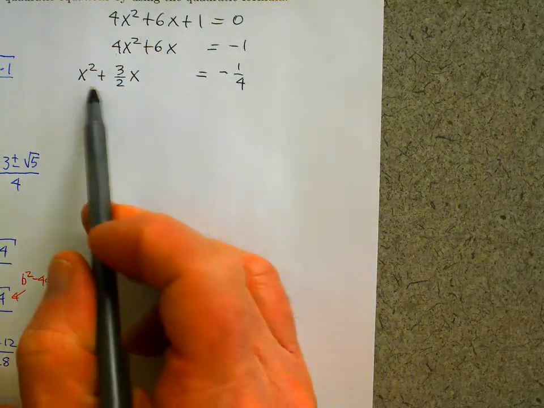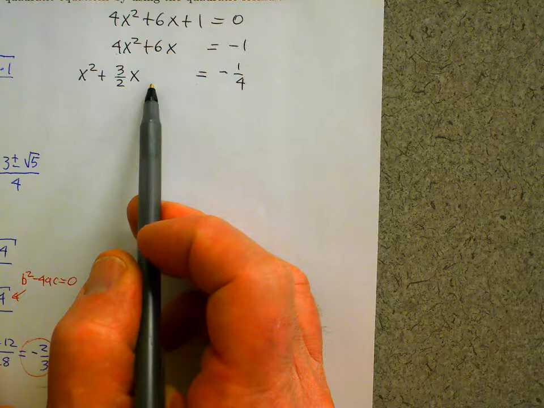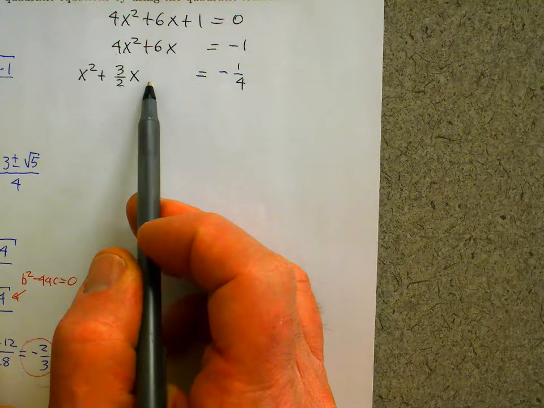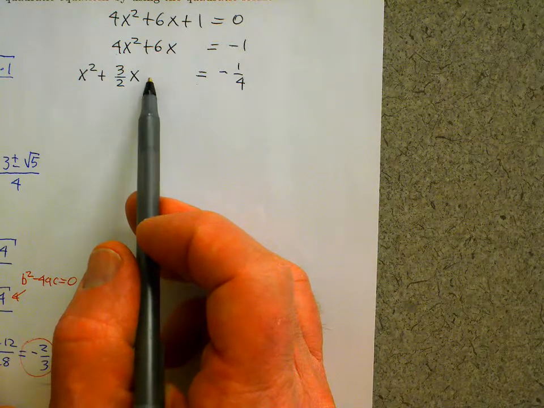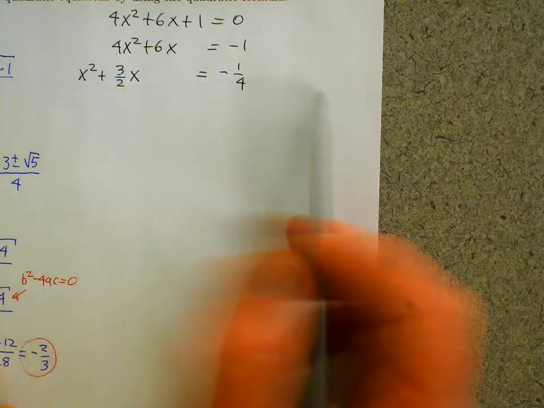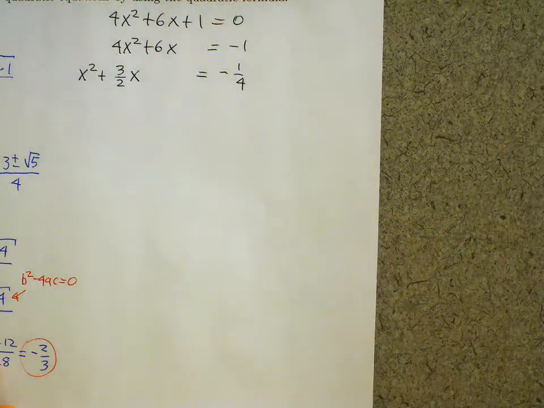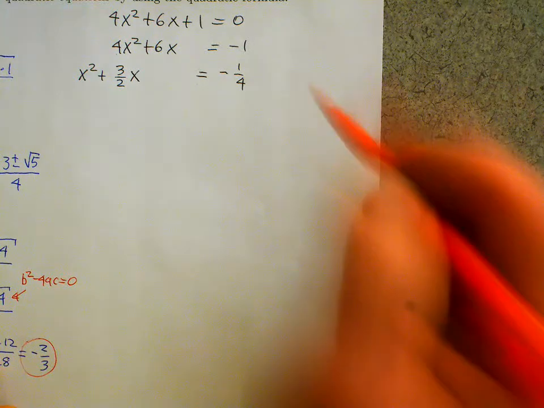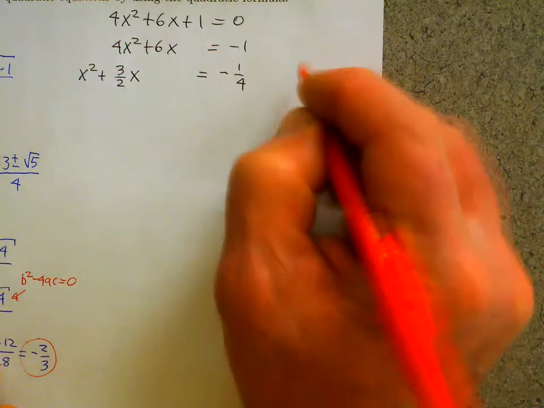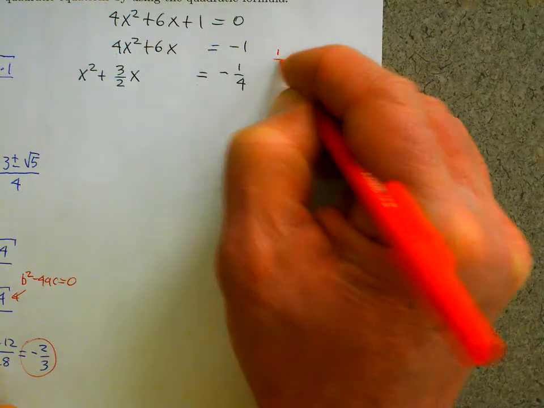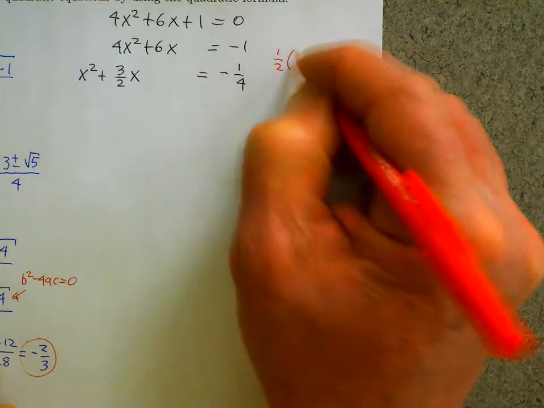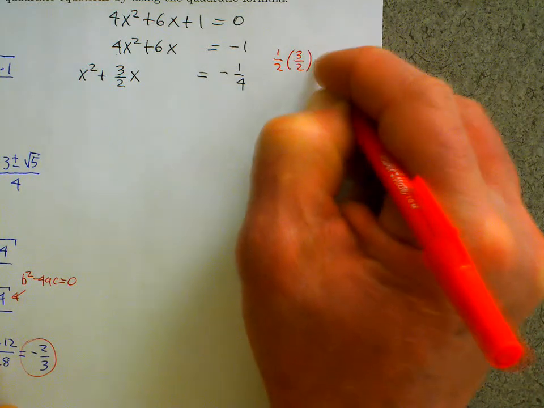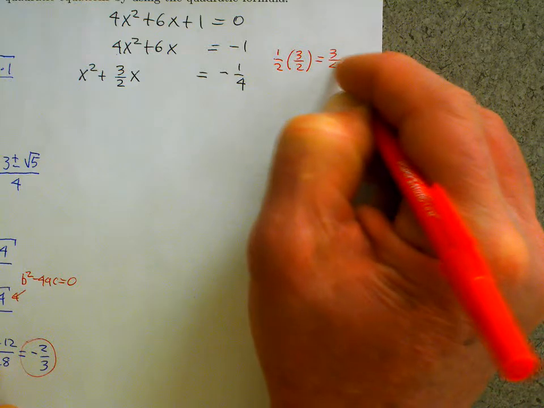The next step, we're going to create a perfect square trinomial by adding a number to both sides of the equation. The number that we're going to add: first we take 1/2 of the coefficient of x, 1/2 of 3/2, which is 3/4.